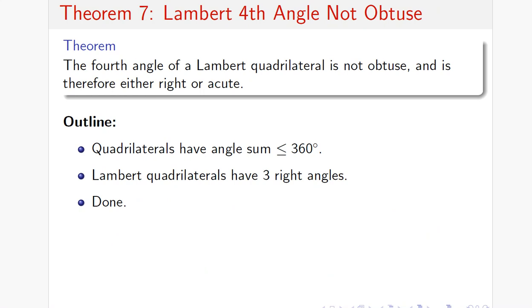Theorem 7 is another straightforward proof. The fourth angle is not obtuse. It's the same idea because of the Saccheri-Legendre theorem, which says triangles have angle sums less than or equal to 180, and the corollary to that, that quadrilaterals have an angle sum that is less than or equal to 360, and the Lambert quadrilaterals have three right angles, right?